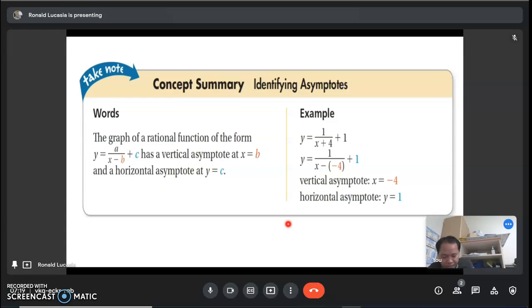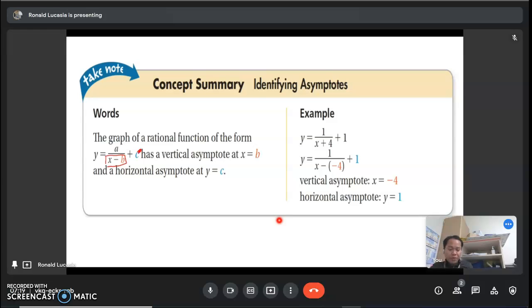Solve for this one. The vertical asymptote is actually the excluded value. Just make the excluded value an equation, and the horizontal asymptote is this one.